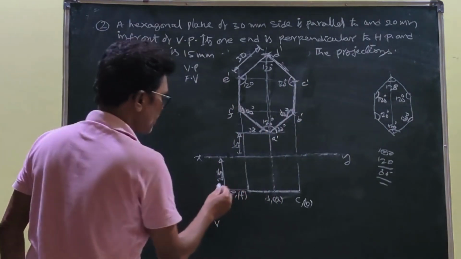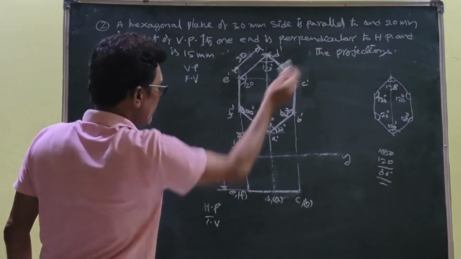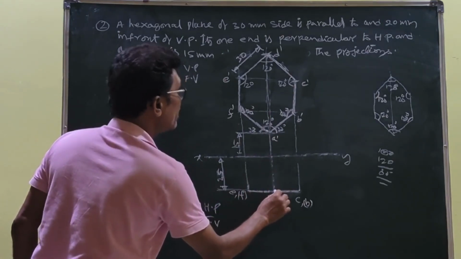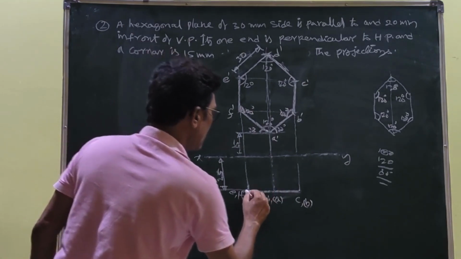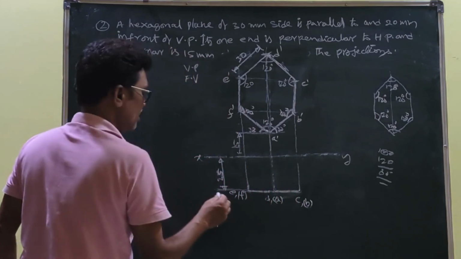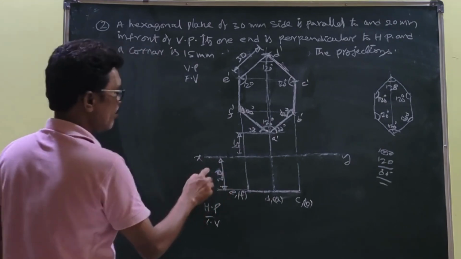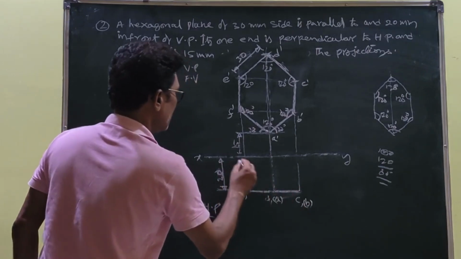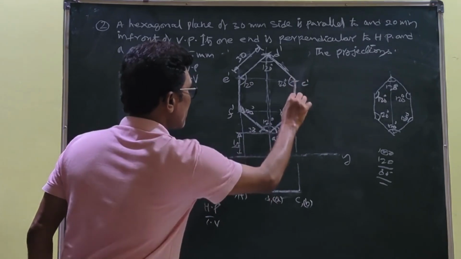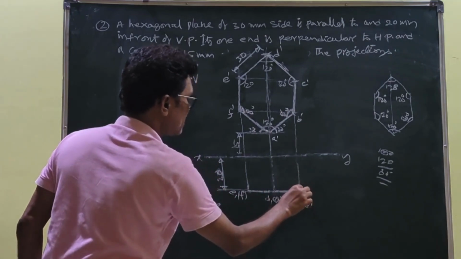Coming to the top view, the top view is 20 mm in front of the VP. So therefore this line I simply extended here, I set up 20, I draw a horizontal line parallel to the XY line. You draw the projectors. B dash, C dash, they are passing through the same projector, so I draw a line and it intersects this line.